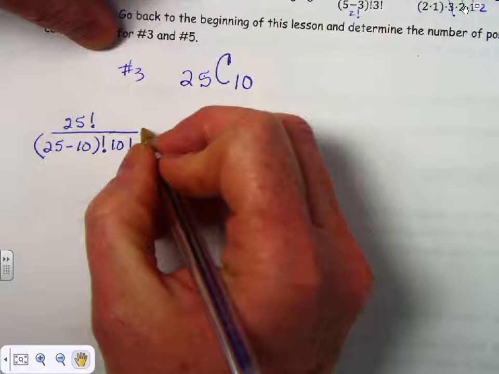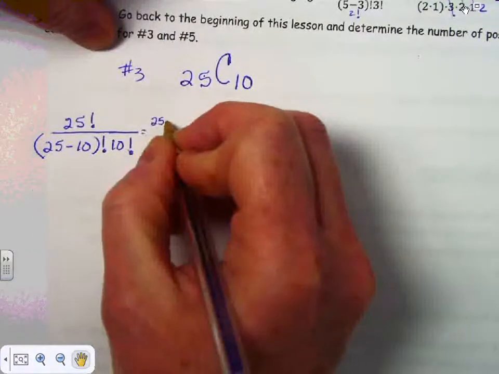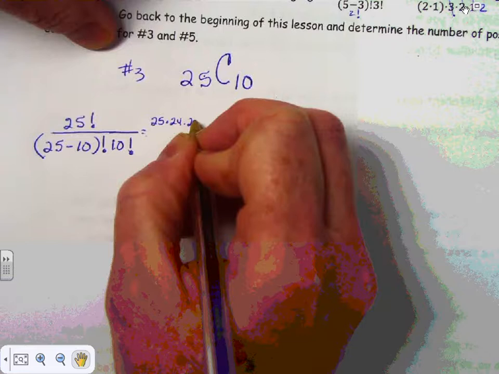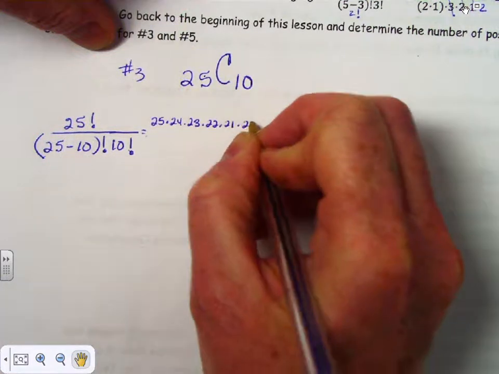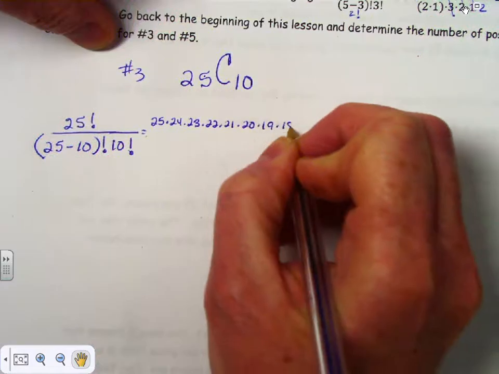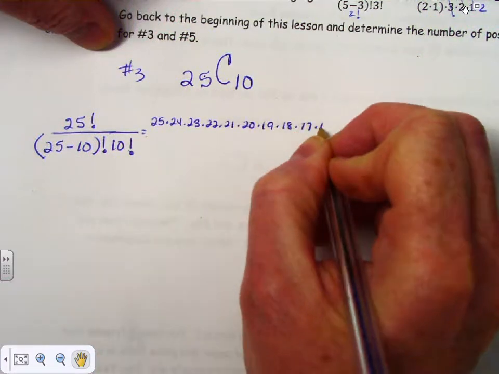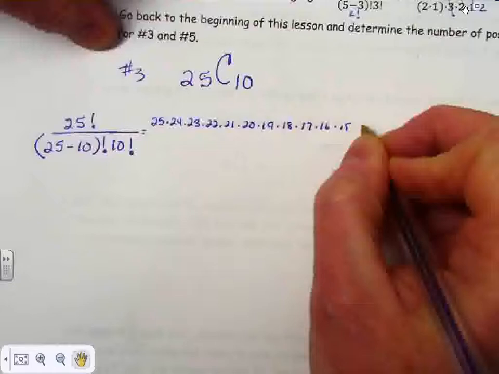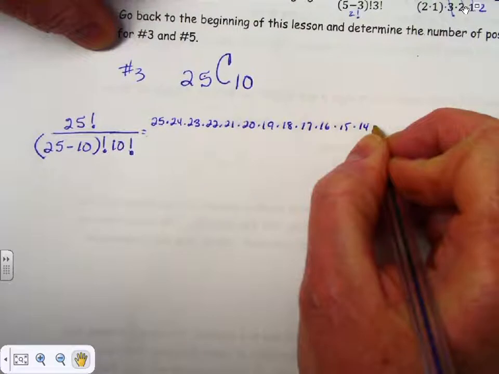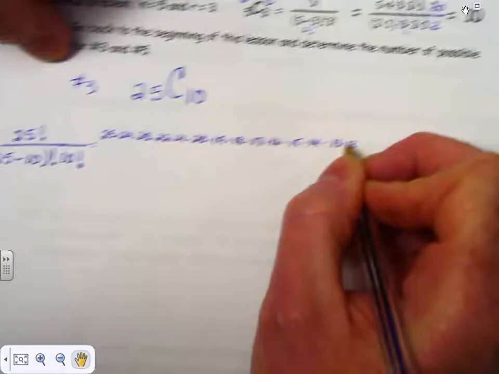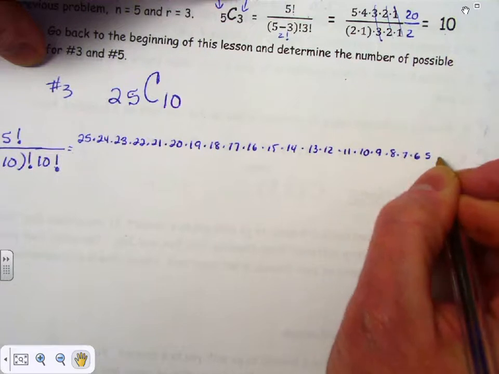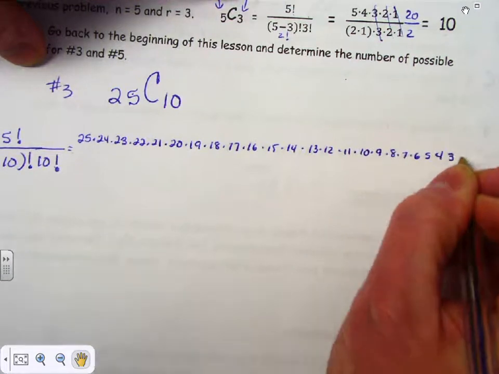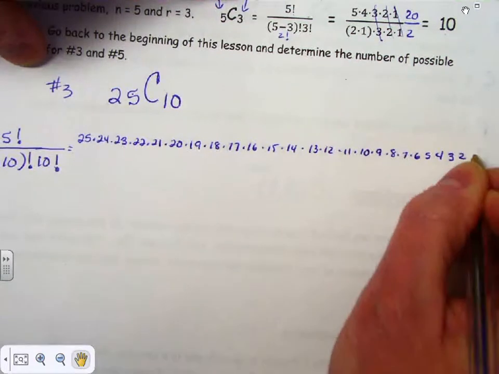So I have 25 times 24, 23, 22, 21, 20, 19, 18, 17, 15, 14, 13, 12, 11, 10, 9, 8, 7, 6, 5, 4, 3, 2, 1. Blast off, right?